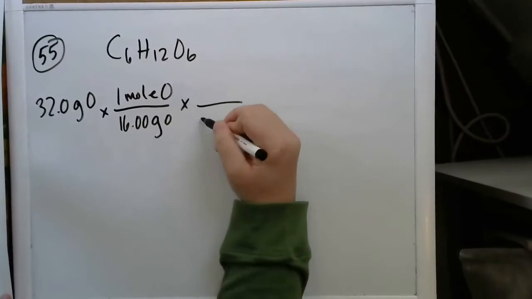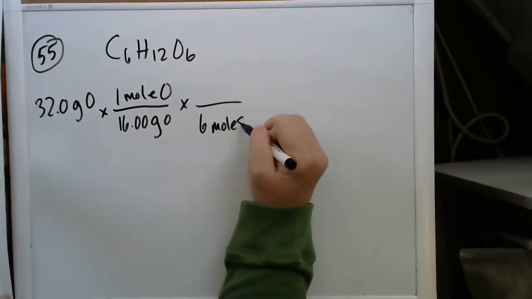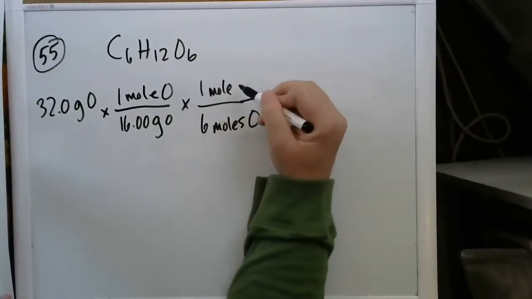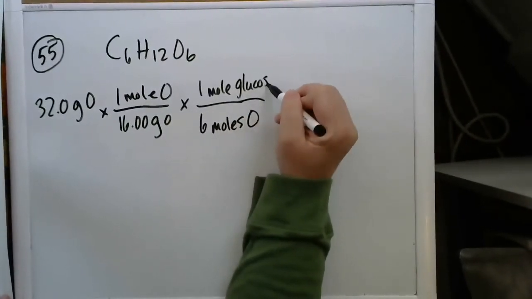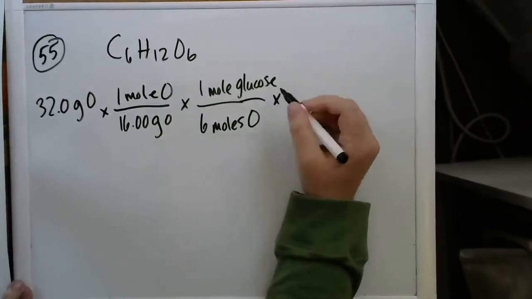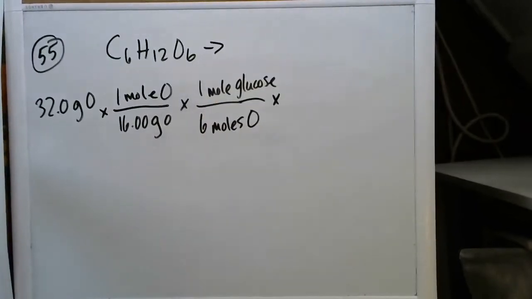And we see that there are 6 moles of oxygen in every 1 mole of glucose. Okay, it's a 6-to-1 ratio. And because we want a gram value here, we're going to have to get a molar mass for this real quick.